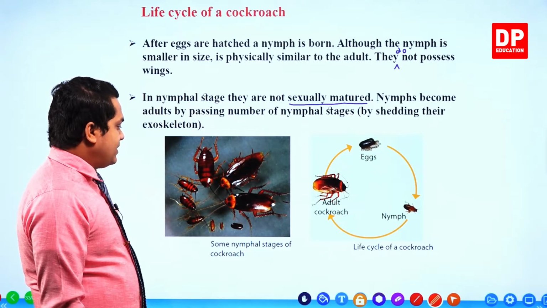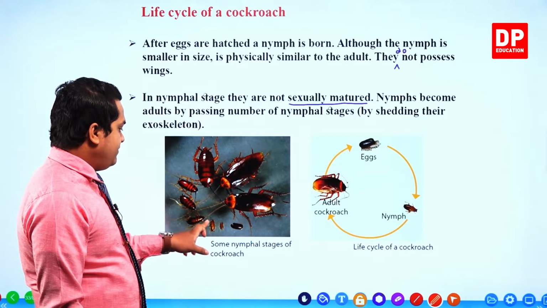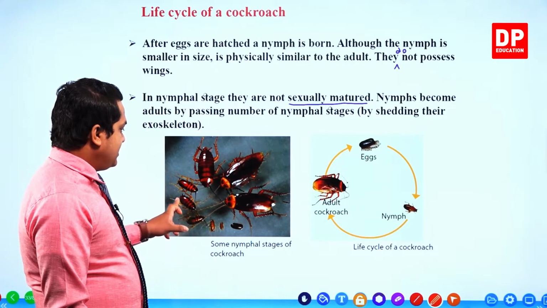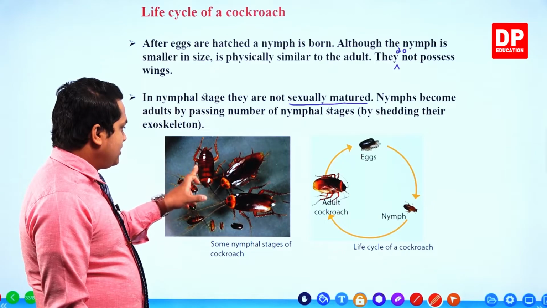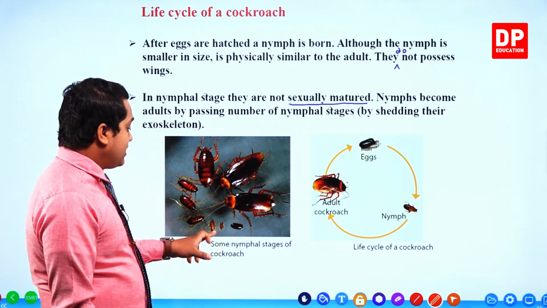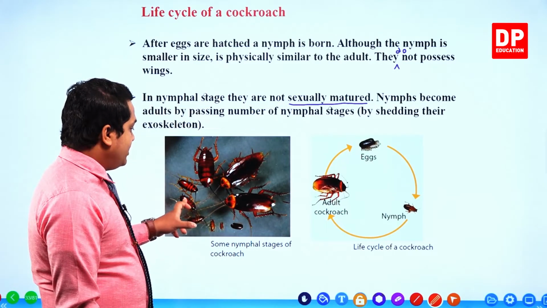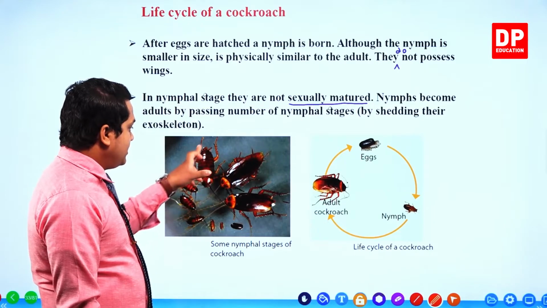See, first the eggs, then the nymph comes out, and the nymph gradually develops into a cockroach, an adult cockroach.